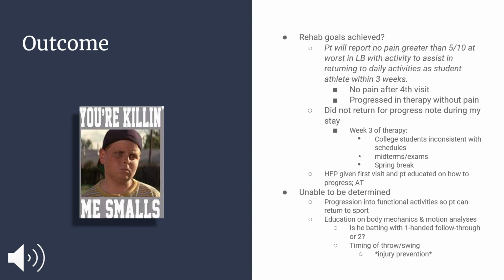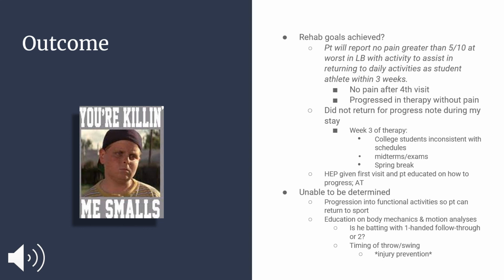Being a college student, sometimes it's a little difficult to come to therapy each week when you have such a busy schedule. He's also in a fraternity and all of these things. And also it was spring break for one of those weeks, so he was not present in therapy as much as I would have liked him to be. However, he was making significant progress, so that was really, really good.